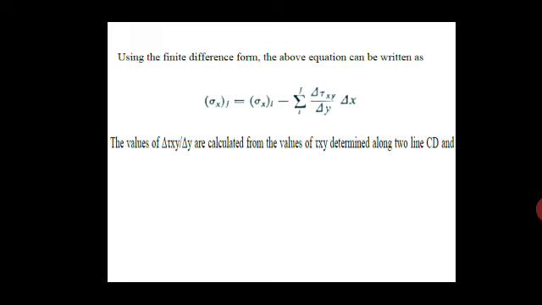Therefore, the values of delta tau xy by delta y are calculated from the values of tau xy, which are determined along two lines, CD and EF, at delta y by 2, and these are the two parts which can be divided from the line of integration. That is, the line of integration is the x-axis.